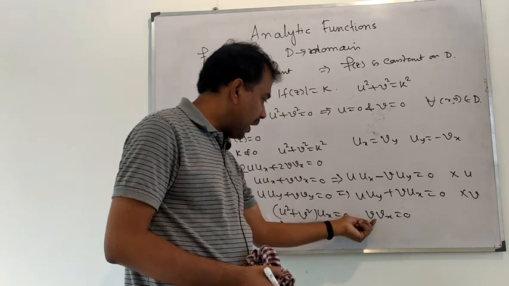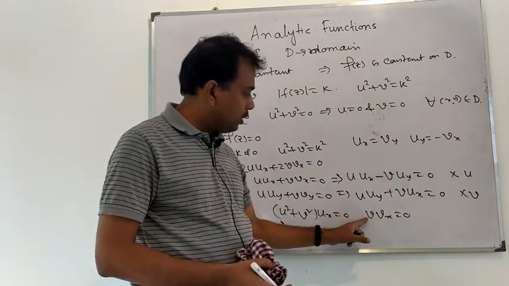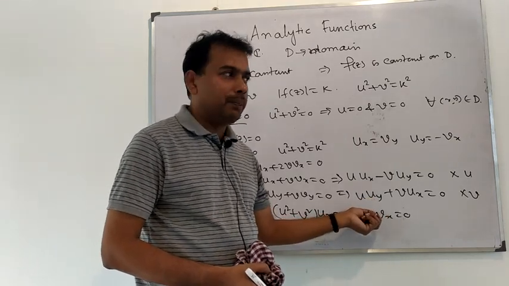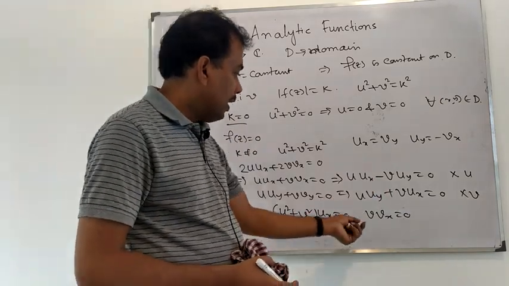So this implies either v equal to 0 or vx equal to 0. If v equal to 0, then vx is also 0 because partial derivative of the 0 function is also 0.